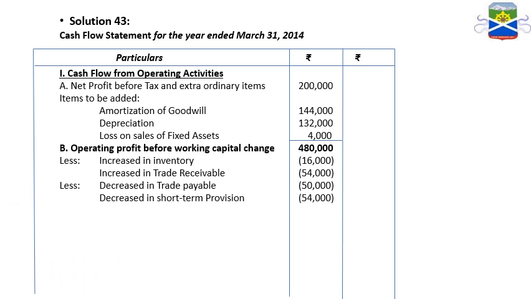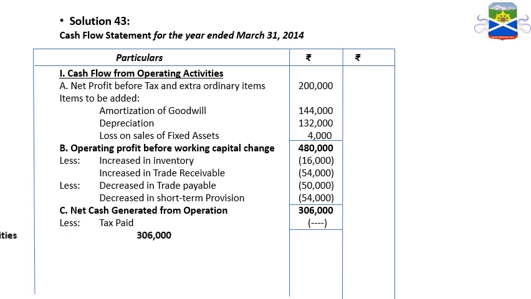And a decrease in short-term provision of 54,000, current liability decreased, so that is also subtracted. Subtracting from 4,80,000, we have cash generated from operations of 3,66,000, of which tax paid is not given in the question, so it is nil.